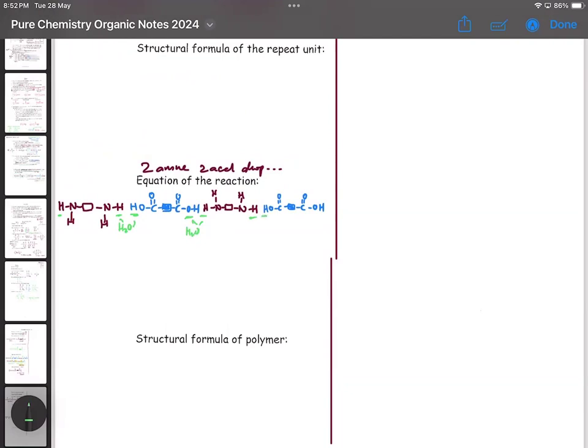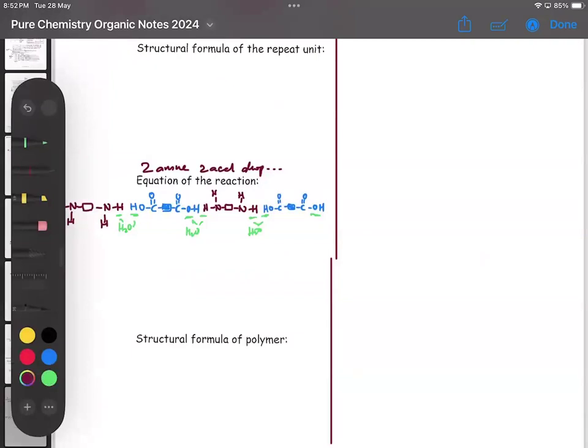Same thing, the H and the OH. These two will form water. The one on the sides, do they form water? They do. Just we cannot show the whole chain because there's like thousands and tens of thousands of it. So we can only show the middle portion. So after the reaction, your correct structure should look like this.